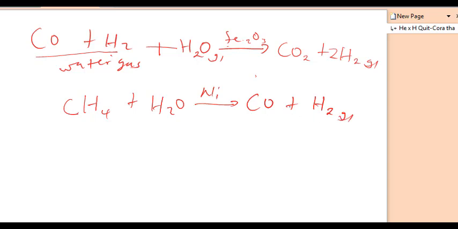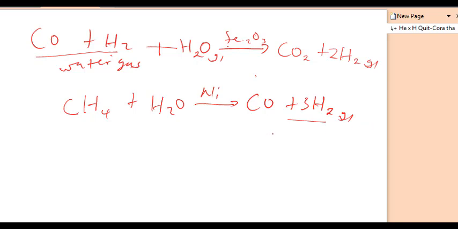We will have about 6 hydrogen there, that is 3 molecules. So this is a very important method used in industry to prepare hydrogen gas.